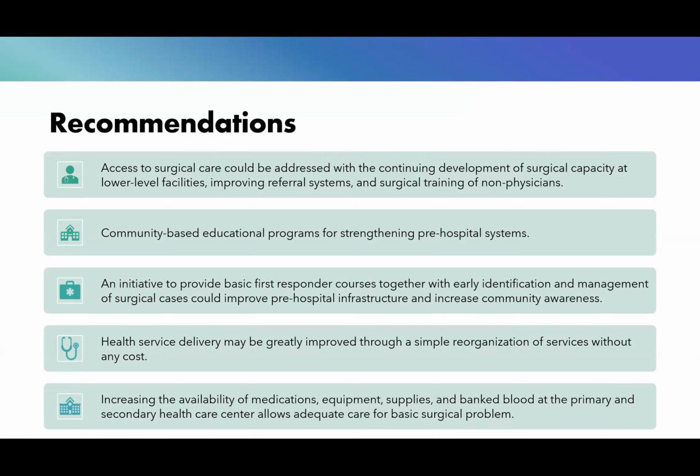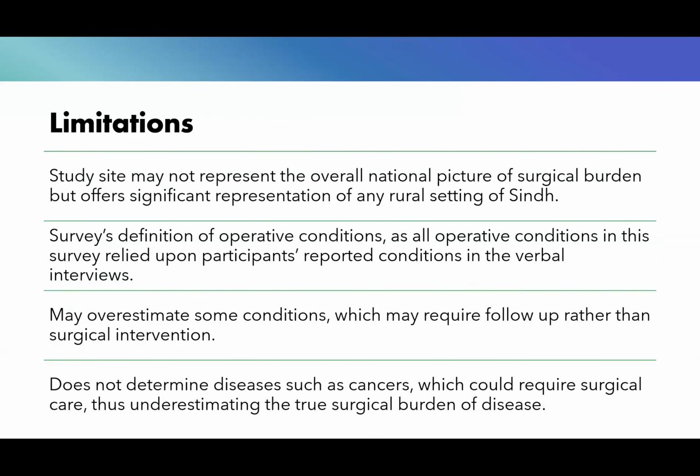Health service delivery may be greatly improved through a simple reorganization of the services without any cost. And increasing the availability of medications, equipment, supplies, and blood bank at the primary and secondary healthcare centers allows adequate care for a basic surgical problem.